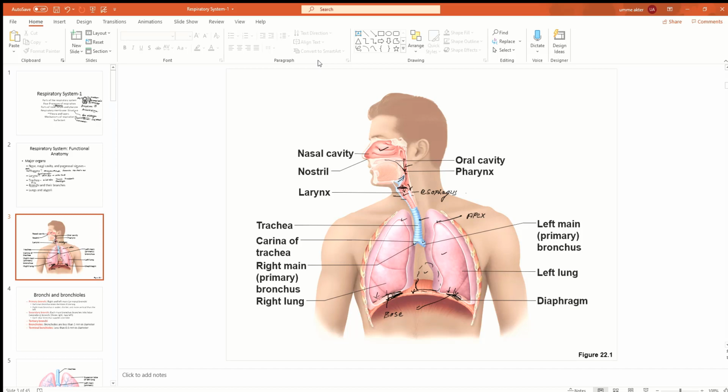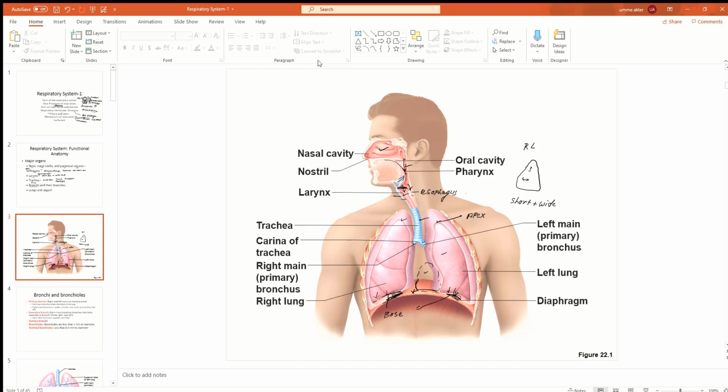Now if you see the right and left lung, if I draw here, the right lung is short and wide. So this is the right lung. It is short and wide. That means vertically this way it is short, but this way it is broader or wider.